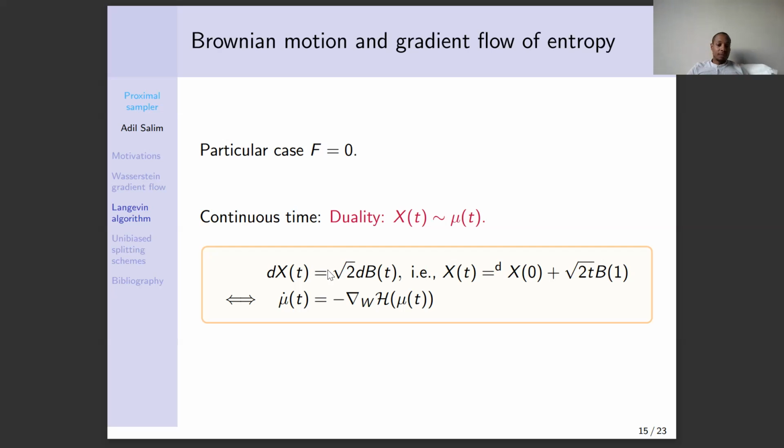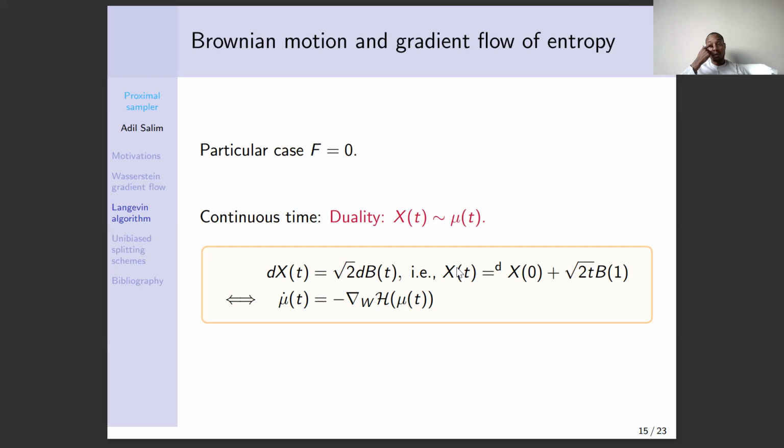This is just by solving the Langevin equation, you obtain the equality here in the solution. So for instance, if X_0 is equal to 0, X_t is just a Gaussian random variable with variance 2t.